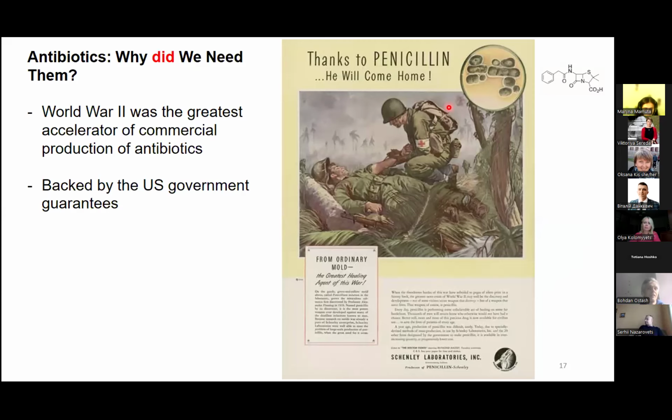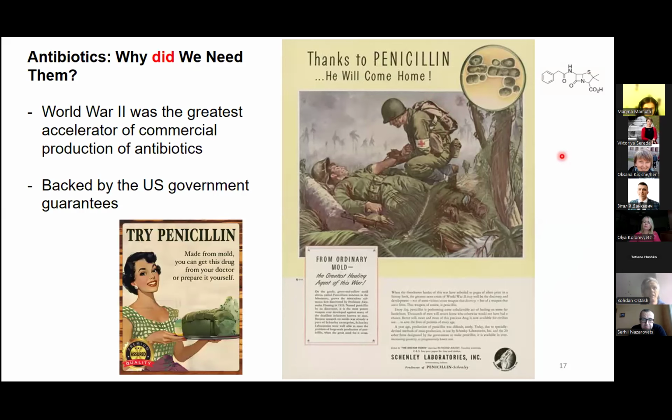So this happened many years ago. Actually, the boom of antibiotics was caused by the Second World War. The biggest accelerator of industrial production of antibiotics was the need to treat wounded soldiers. And you can see here an advertisement showing how much the United States cared about production of antibiotics.